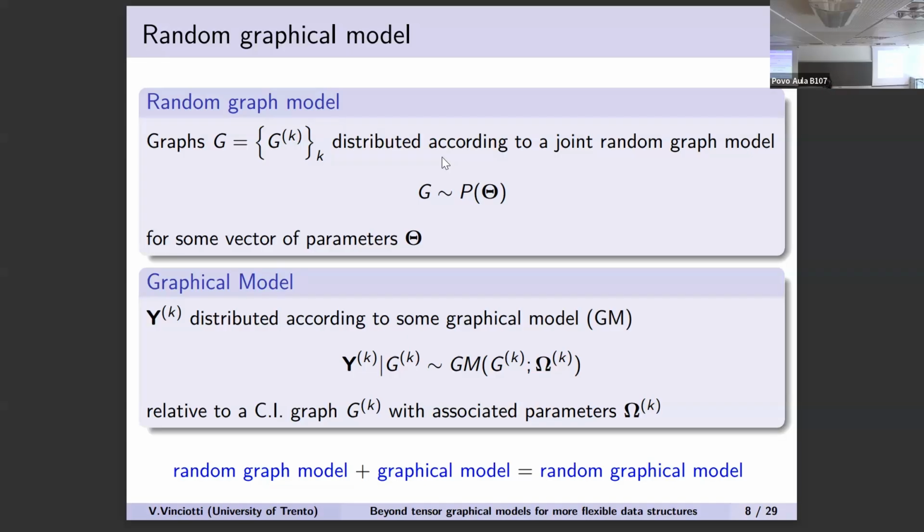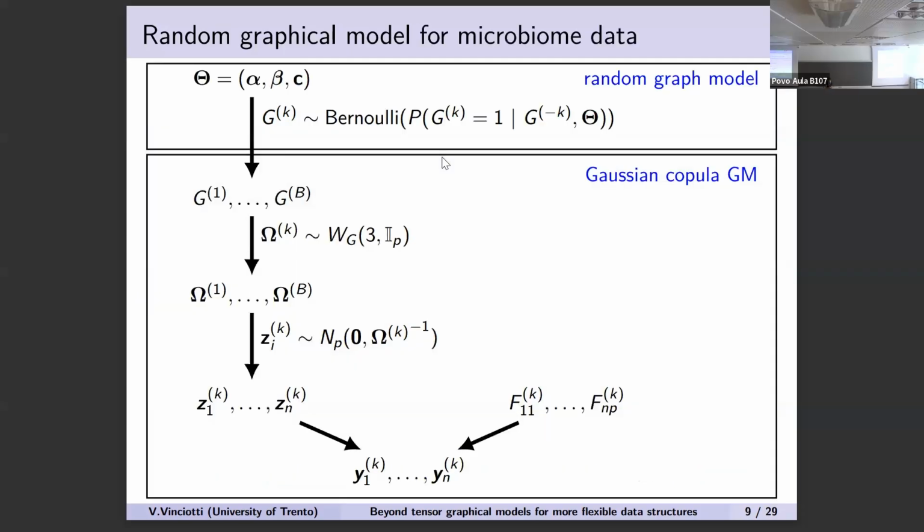Okay, so now this is quite generic. I will now go back to the microbiome, in the sense that we need to specify this model for some application, such as this one. I will tell you how we define the models for the microbiome data. Let me go one by one.